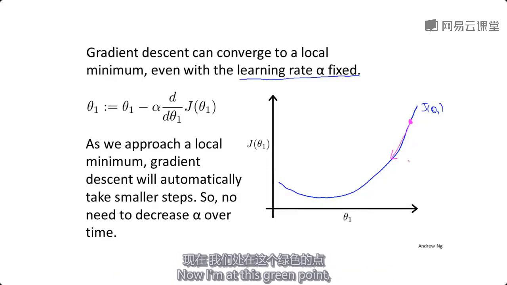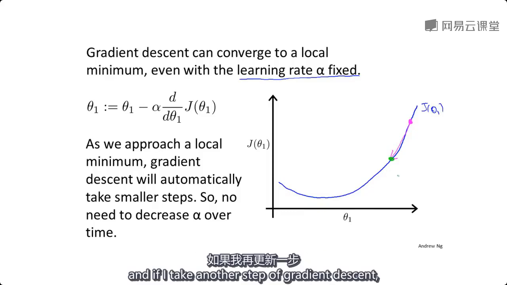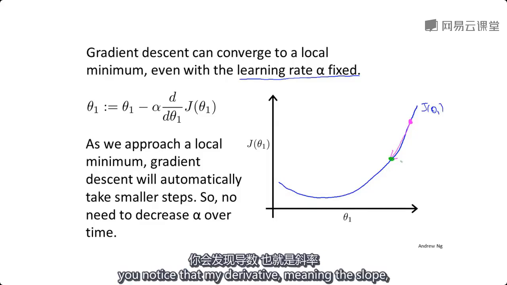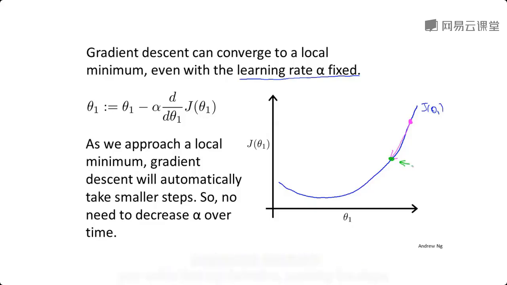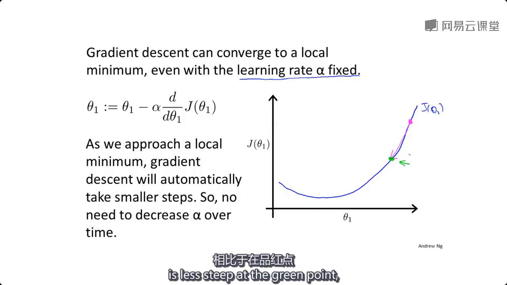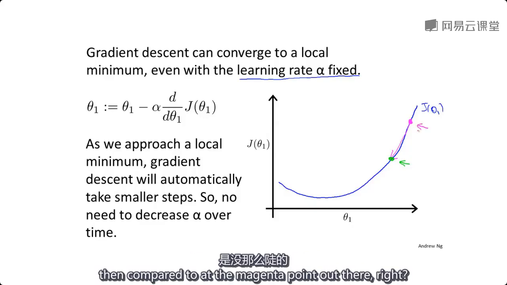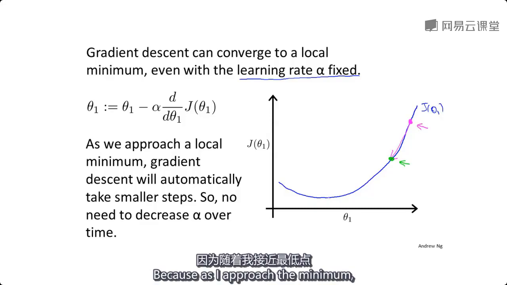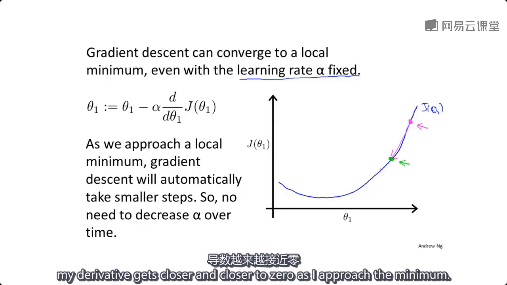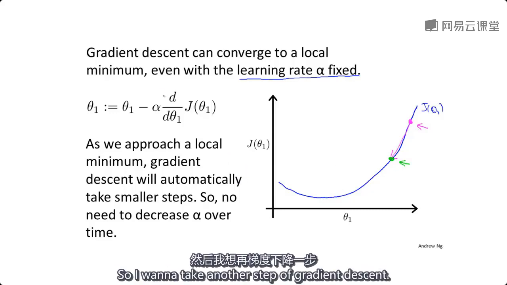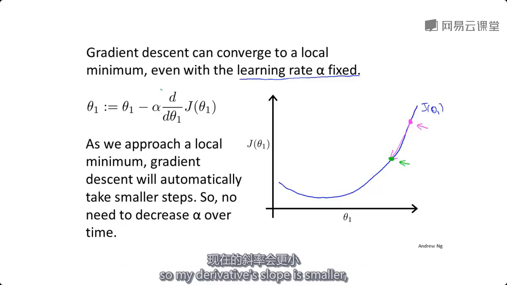Now I'm at this green point, and if I take another step, you notice that my derivative, meaning the slope, is less steep at the green point than at the magenta point, because as I approach the minimum, my derivative gets closer and closer to 0.